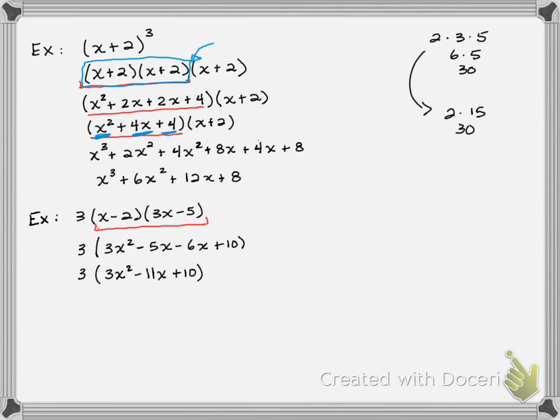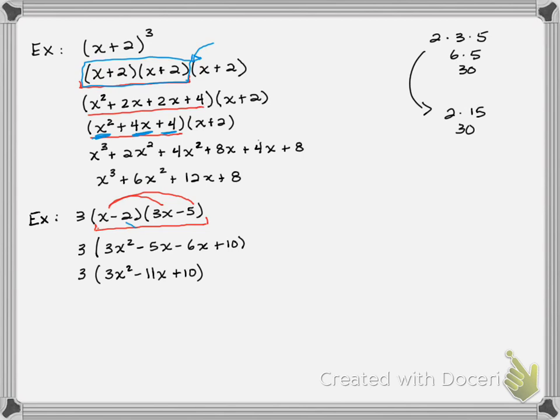How are we doing? Did I do something not true? How'd you get the first part again? I did x times 3x and then x times negative 5. Oh, and we're leaving the 3 on the outside? Right. Because we're just choosing 2 of the factors to multiply first.